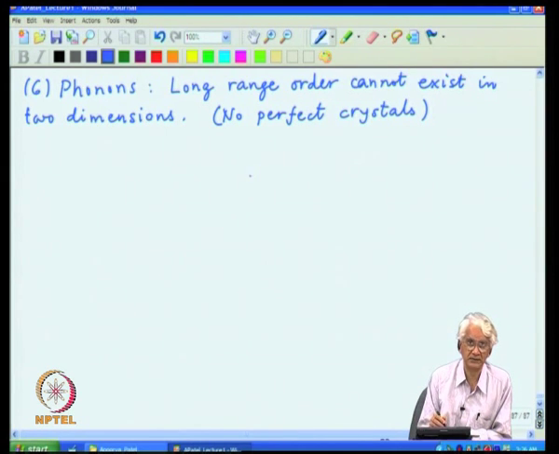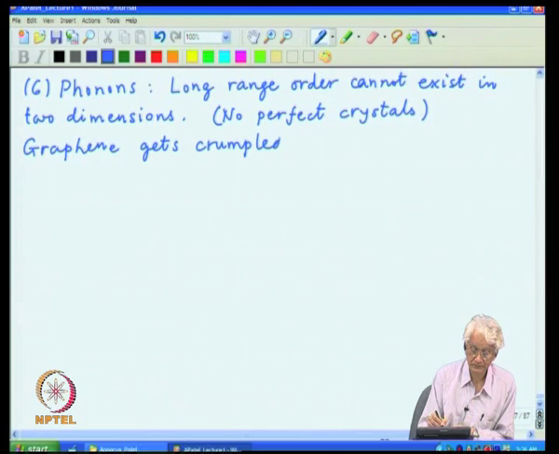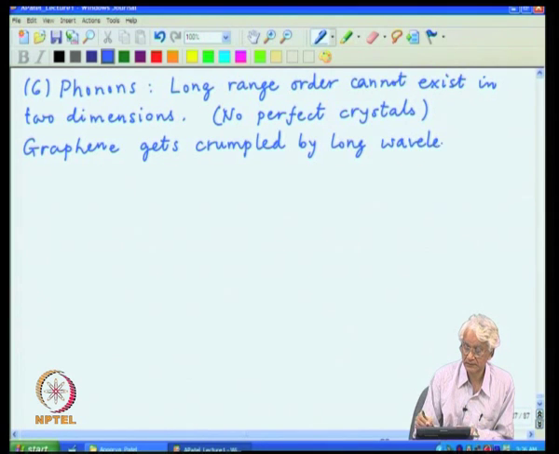This general theorem is the so-called Mermin-Wagner theorem, if you have heard about it. And the consequence of this is that the graphene sheet is crumpled by long wavelength phonons.